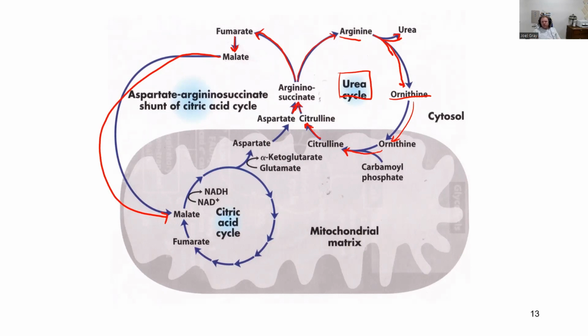Because at this point we don't really care too much about the specifics of the citric acid cycle. It's relevant and important, but we've already talked about that. So this slide really captures the simplicity of it and the interconnection between the urea cycle and the citric acid cycle.